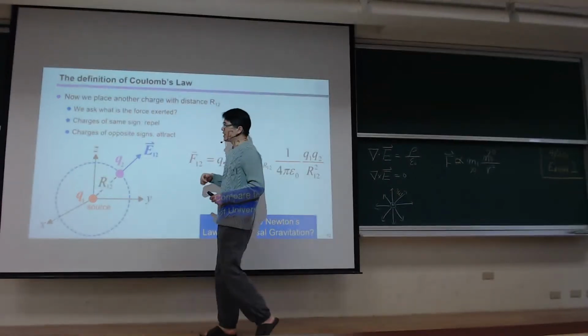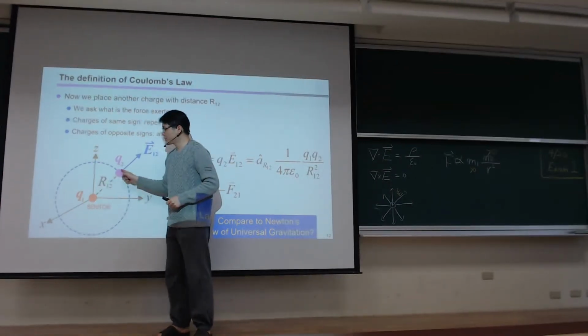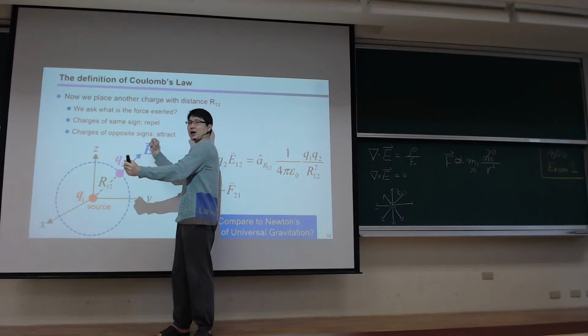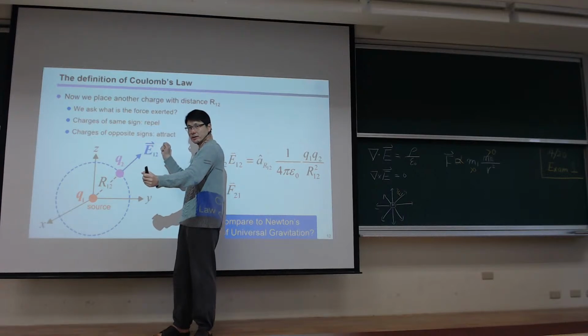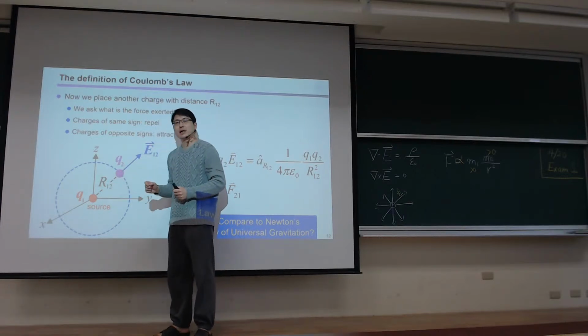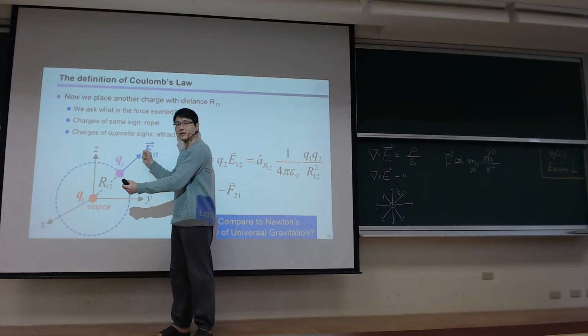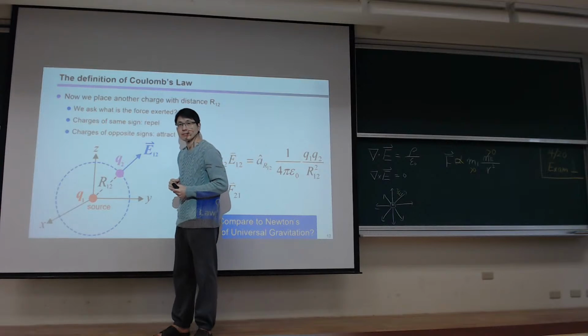But for Coulomb's law, if these two charges have the same sign, the forces repel each other. And if the two charges have opposite signs, the forces attract them together.